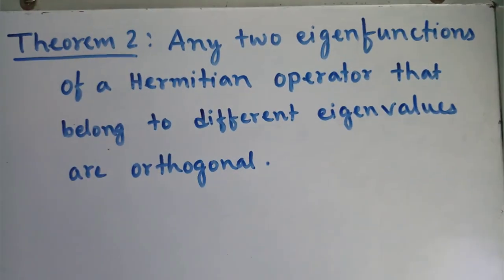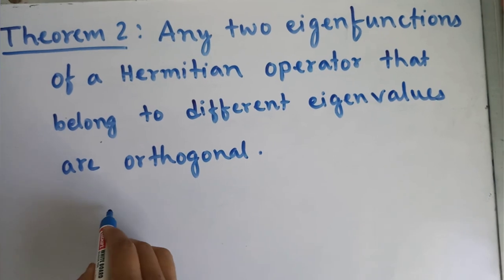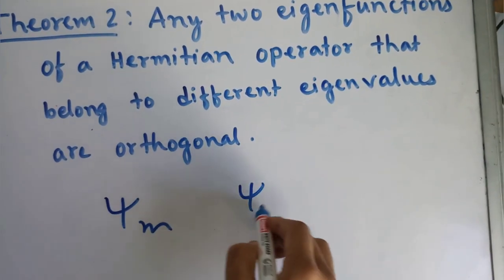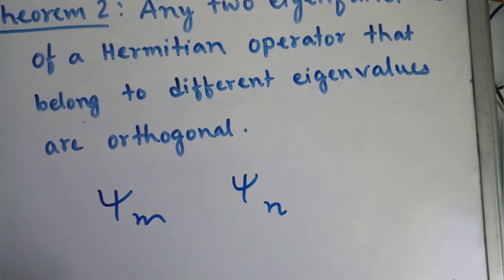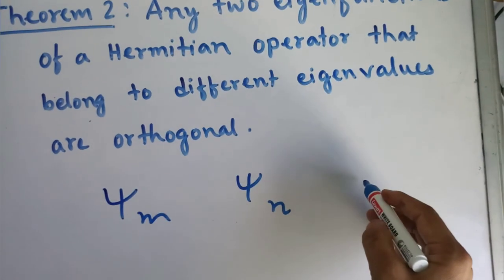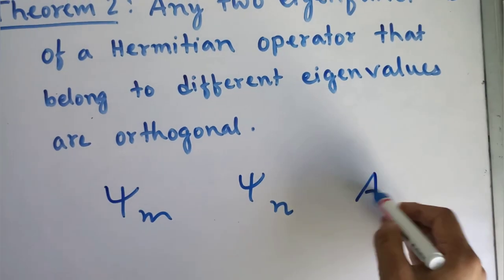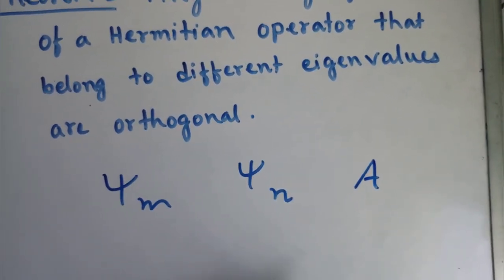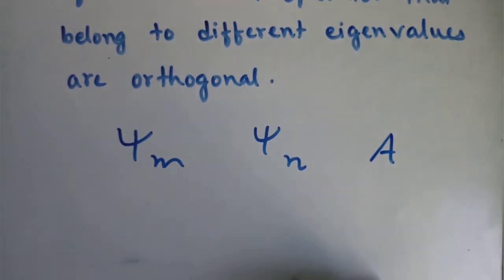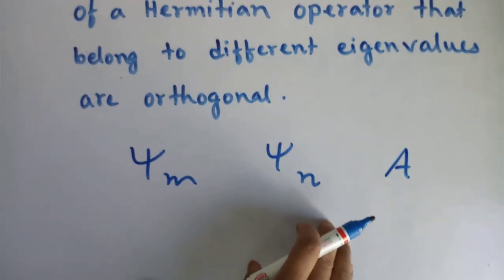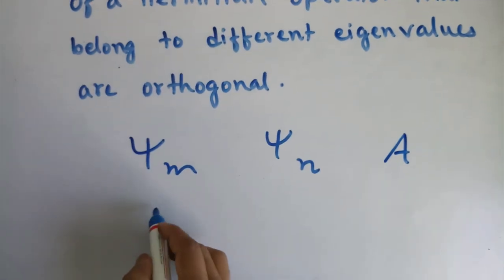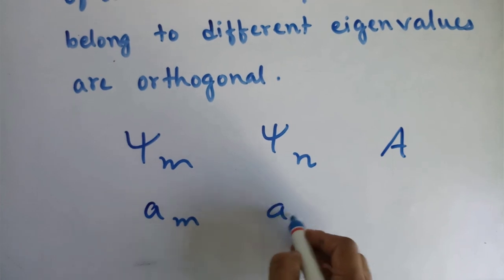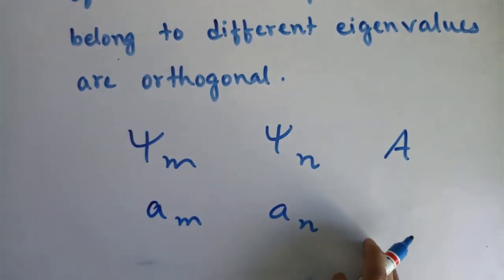Suppose we have two eigenfunctions psi m and psi n of a Hermitian operator, suppose A, and the corresponding eigenvalues are a m and a n.